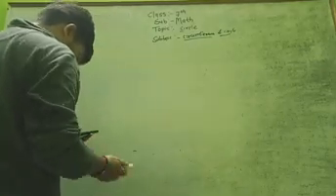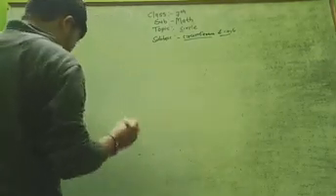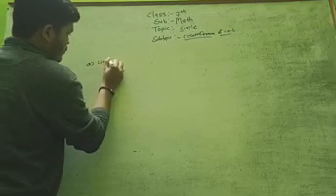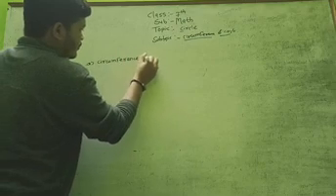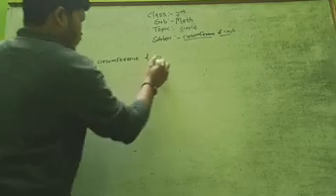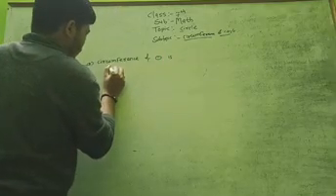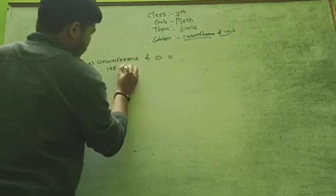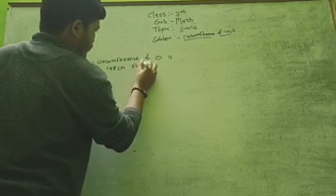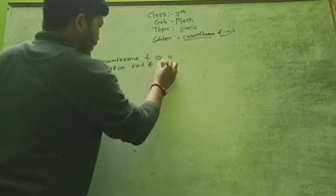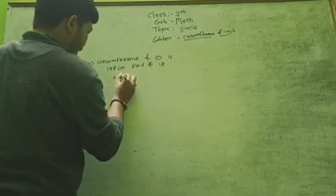Now for the second problem: the circumference of the circle is 198 centimeter.